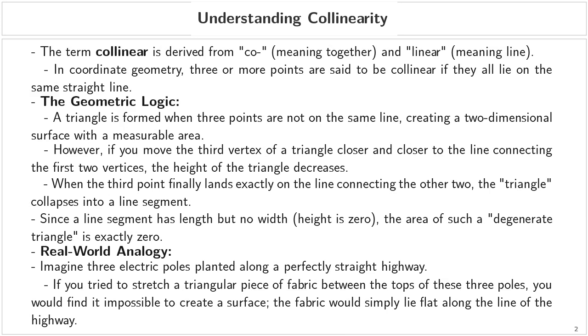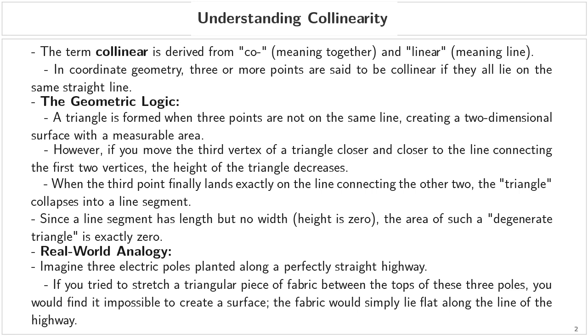To make this even clearer, let's use a real-world analogy. Imagine you are standing alongside a perfectly straight highway, and there are 3 electric poles planted in a straight row along the road. If you tried to take a large, triangular piece of fabric and stretch it between the tops of these 3 poles, you wouldn't be able to create any kind of surface or tent-like shape.